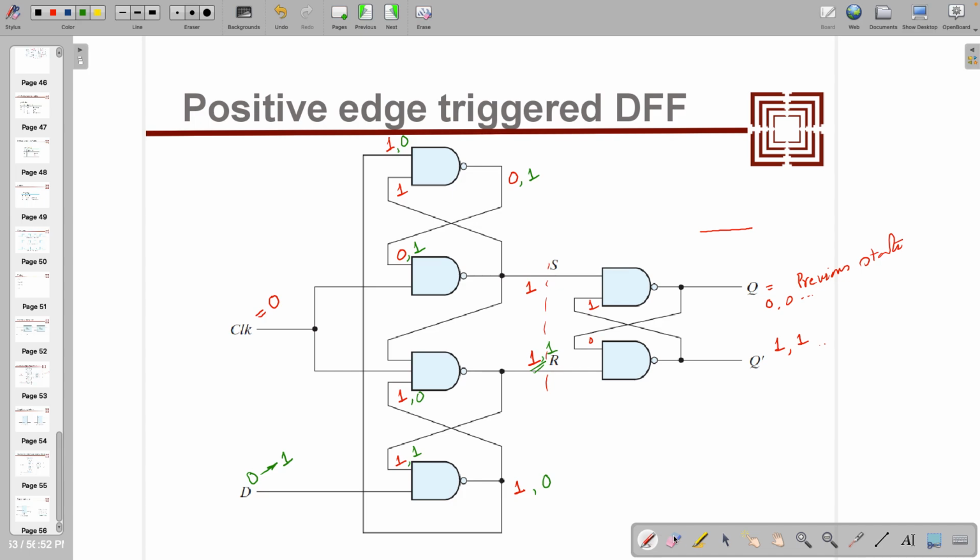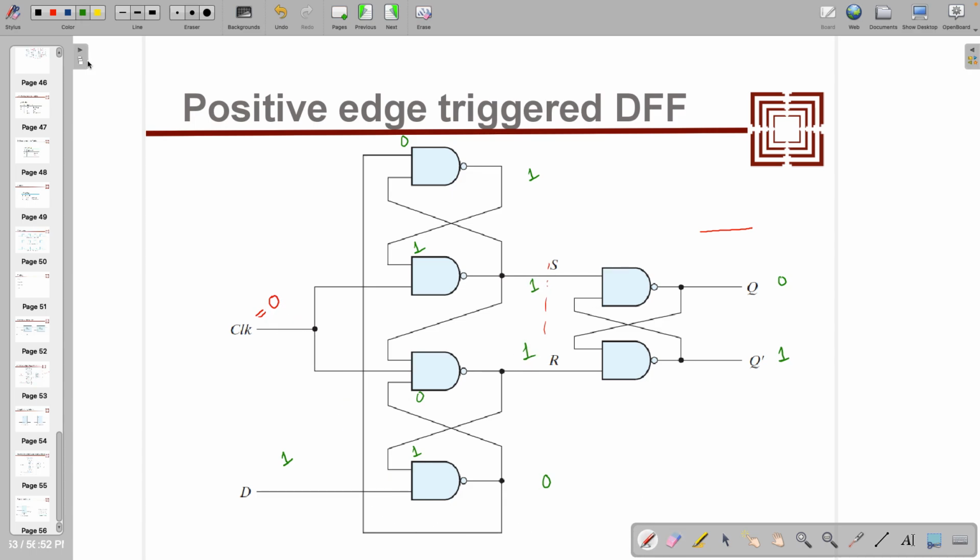But what will happen if, let's keep all these values as they are, whatever we got. So whatever value we got, let's keep them as they are. I'm keeping it in green color so that we can identify that.